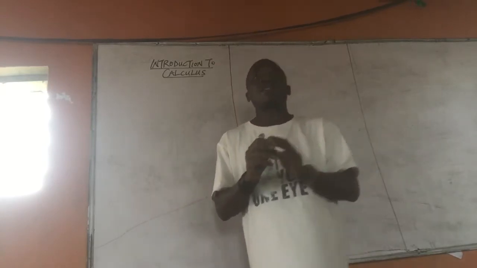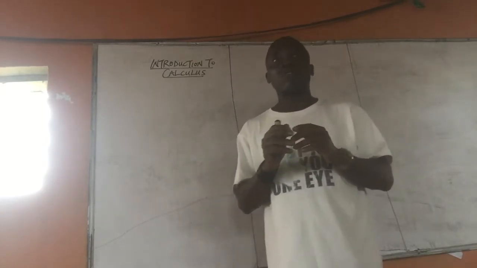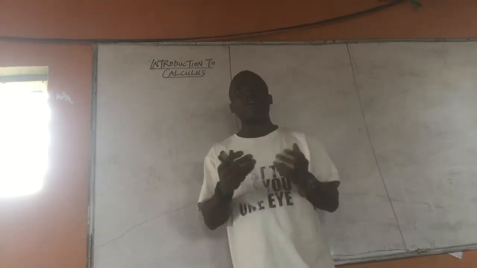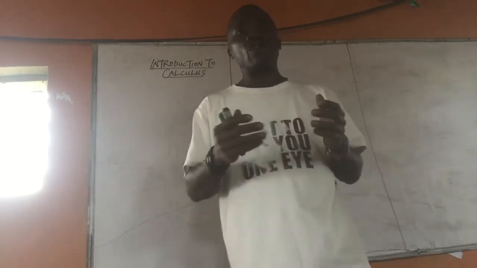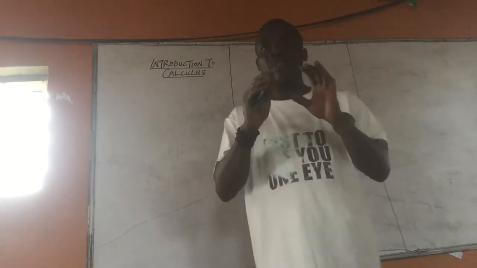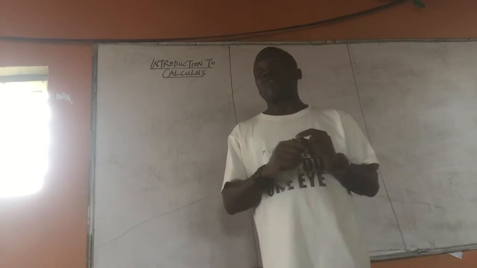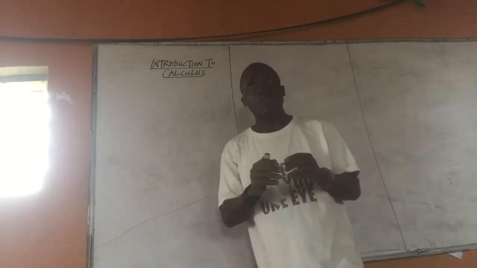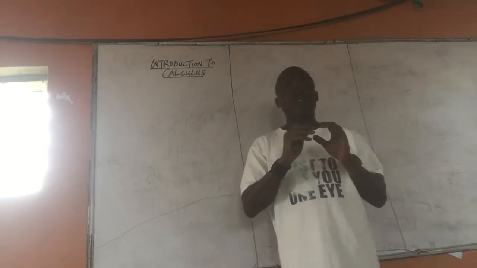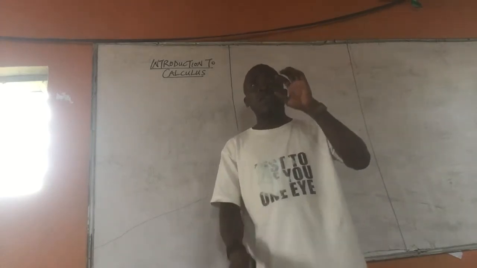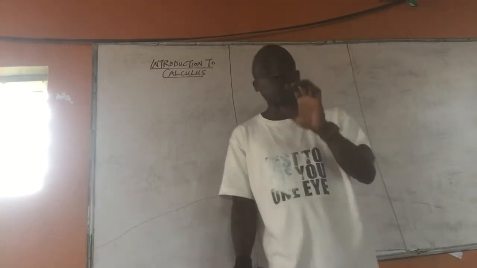Now in mathematics, when we are dealing with differentiation, we'll be hearing things like differentiate, and derivative of a function. Differentiation as a whole is divided into three major rules.